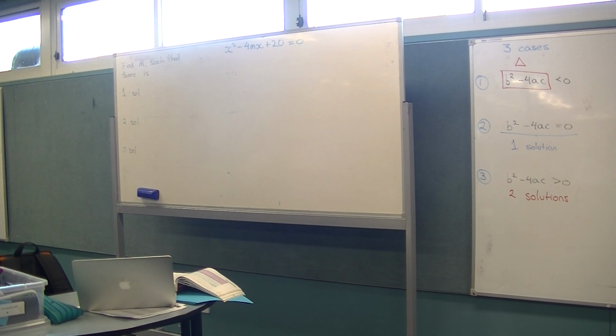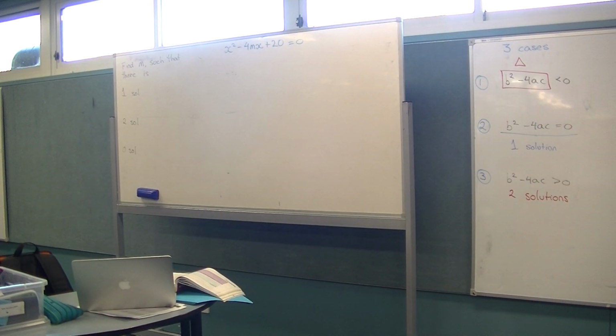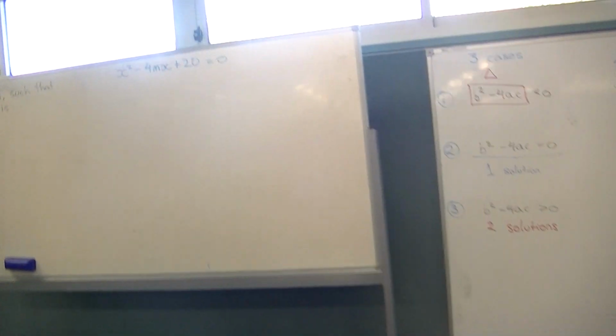So your first step is to find the discriminant: b squared minus 4ac. Discriminant first.